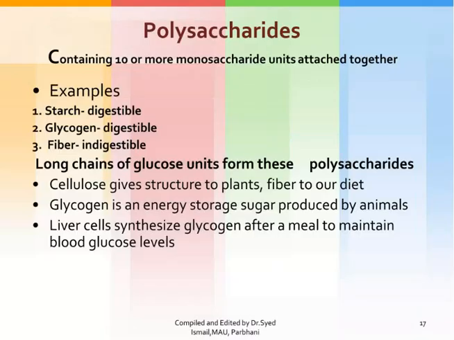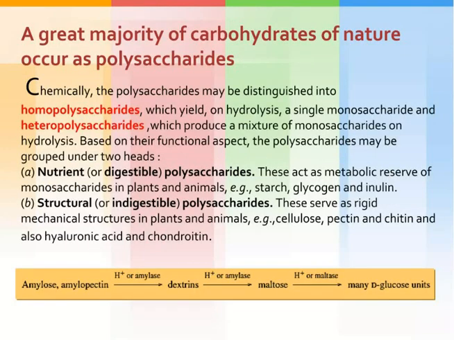Now polysaccharides contain 10 or more monosaccharide units attached together. For example, starch, digestible; glycogen, digestible; fiber, indigestible. Long chains of glucose units form these polysaccharides. The great majority of carbohydrates in nature occur as polysaccharides. Chemically, polysaccharides may be distinguished into homopolysaccharides and heteropolysaccharides.